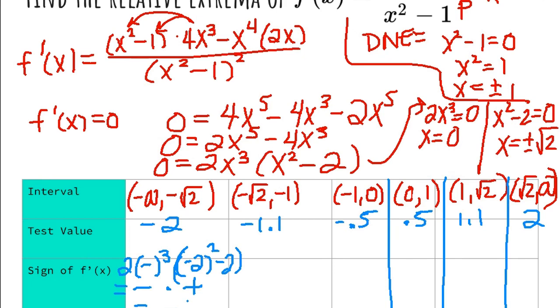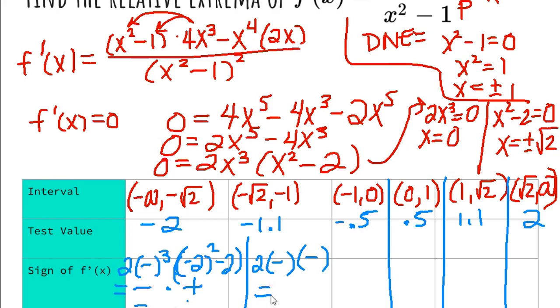Decreasing. I'm going to do, that's 2 times a negative, so that negative cubed is still a negative. 1.1 squared is going to be 1.21, which minus 2 is negative.